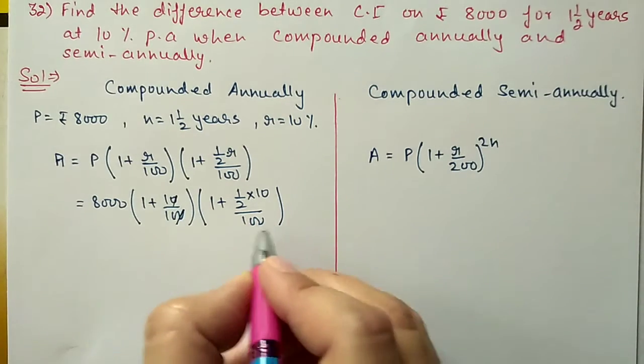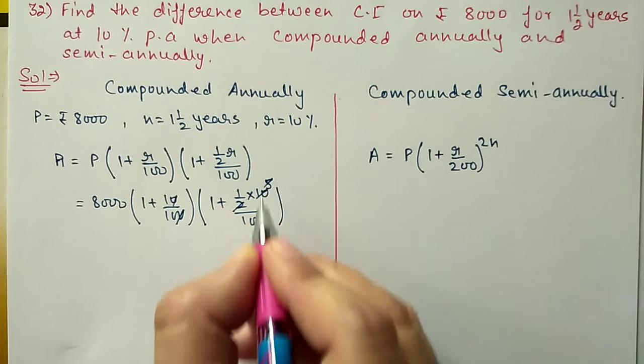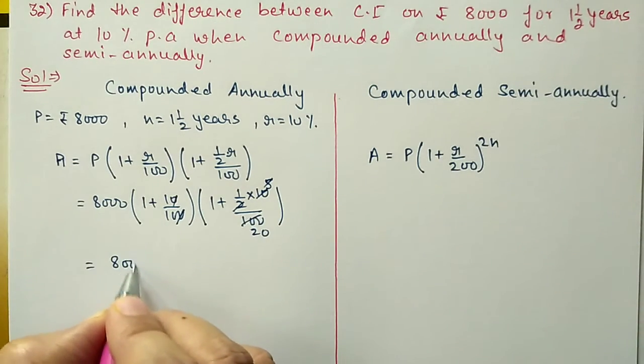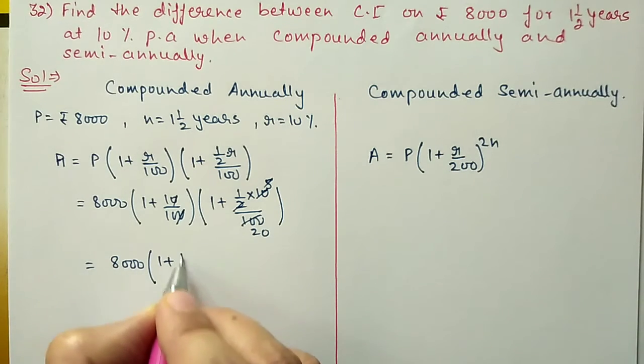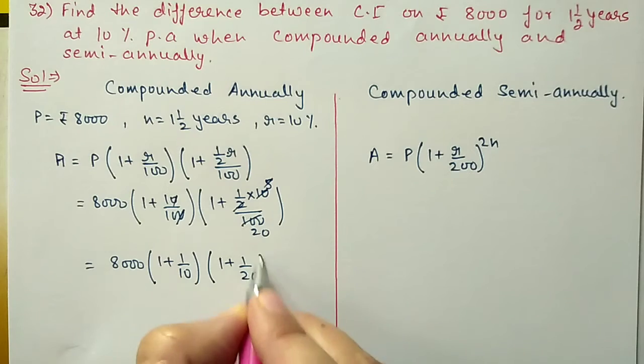The zero we can cancel here, and here also we can cancel 5 times, and 5 20 times. So we have 8000 (1 plus 1 by 10) and (1 plus 1 by 20).